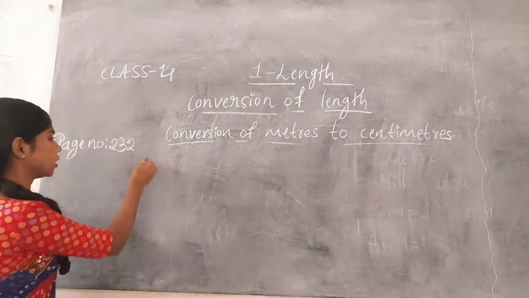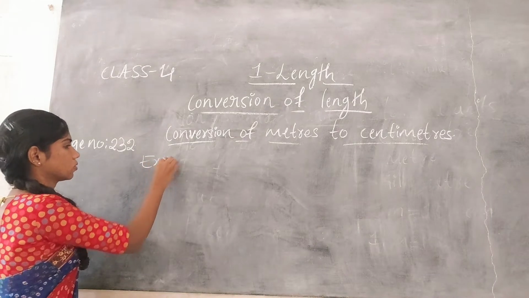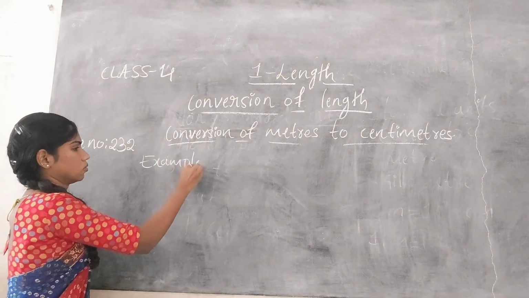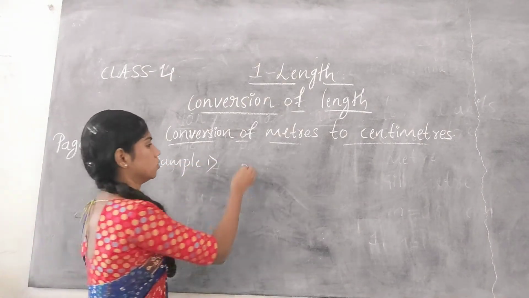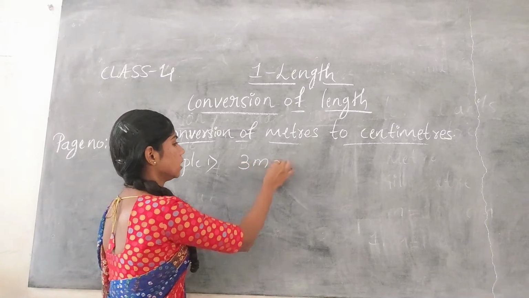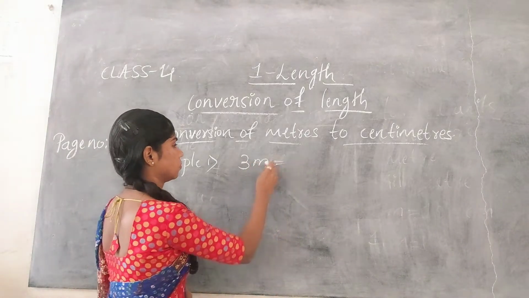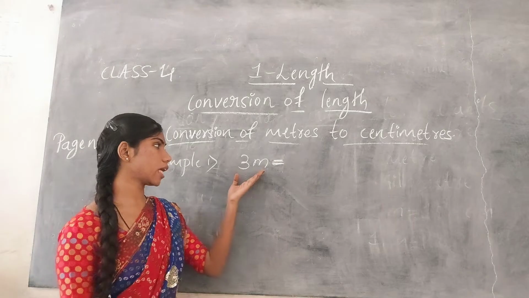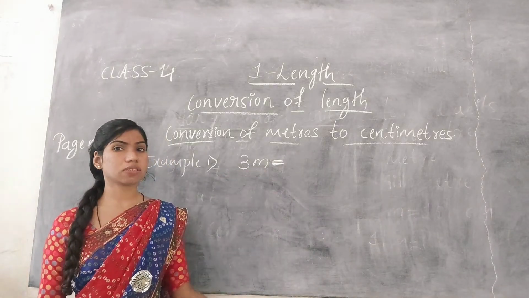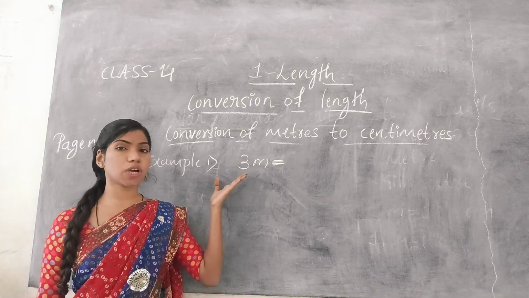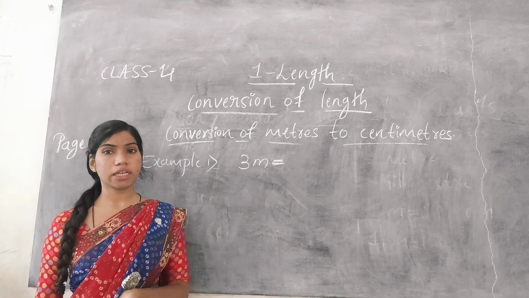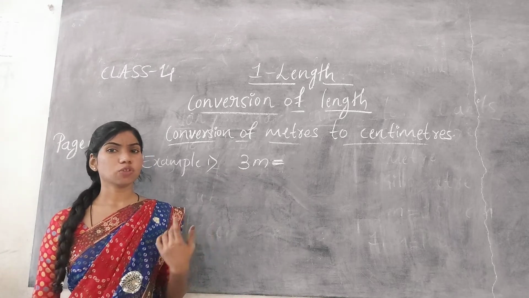Take one example here. Here we have given 3 in meters, and we need to convert this 3 meter into centimeter. So what can we do here?